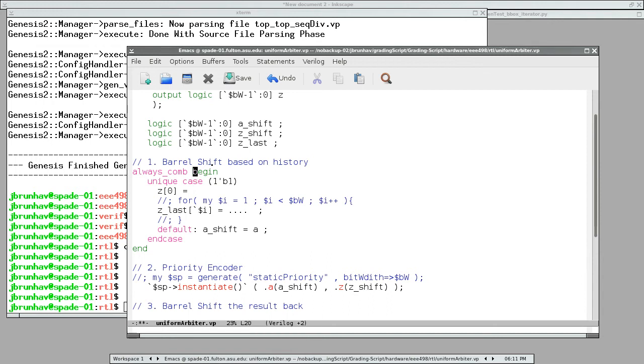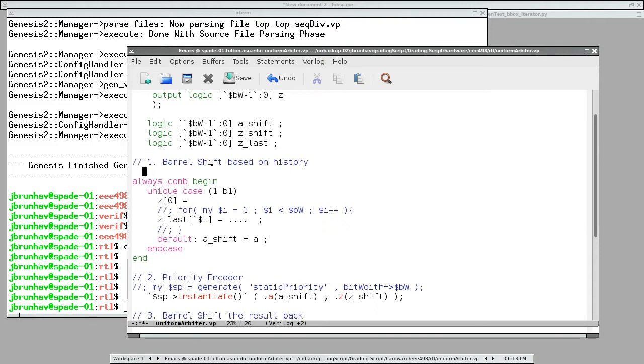And so the scheme that we're doing is that we're going to shift the priority so that the last winner is the lowest priority. Right, so let's write a little note: shift such that the shifted priority makes the last winner the lowest priority.